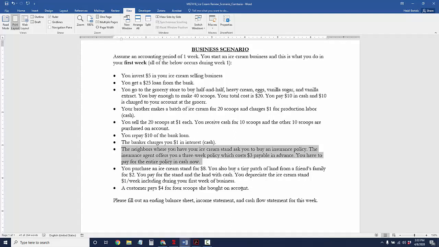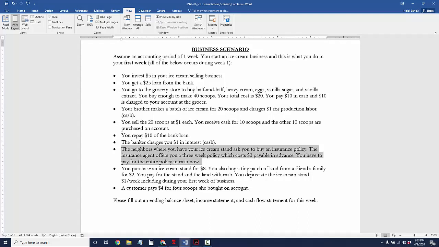You have to pay for the entire policy in cash now, but you will use it over the next 3 weeks. And remember, our accounting period is 1 week. So we're going to use only $1 of this insurance, this week's insurance, during this accounting period. And we will have $2 left that we're going to use in future accounting periods.